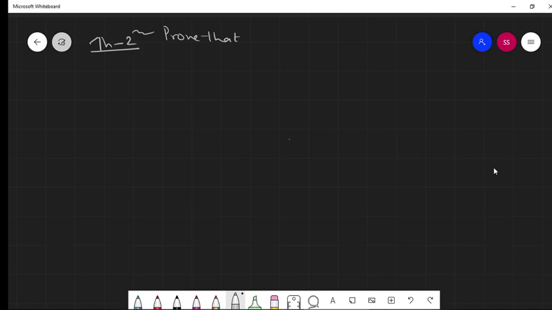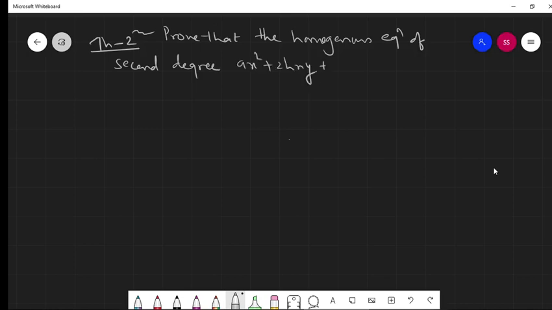Prove that the homogeneous equation of second degree ax square plus 2hxy plus by square equal to 0 represents a pair of straight lines passing through the origin.